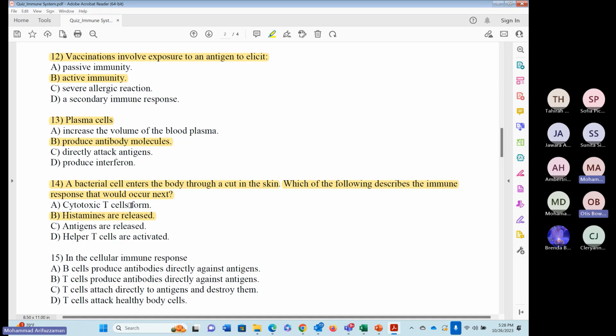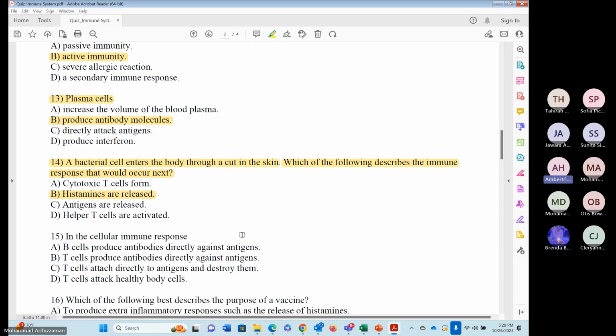Cytotoxic T cells, helper T cells, these all are adaptive or specific immune responses. But the release of histamines causing inflammation is a non-specific immune response. Immediately after a cut, the first activated is the non-specific, that is innate. Cytotoxic T cells or helper T cells are part of adaptive, which takes time, a slow response.